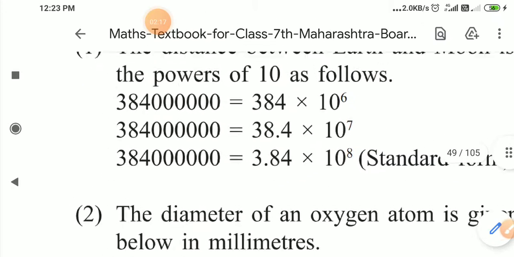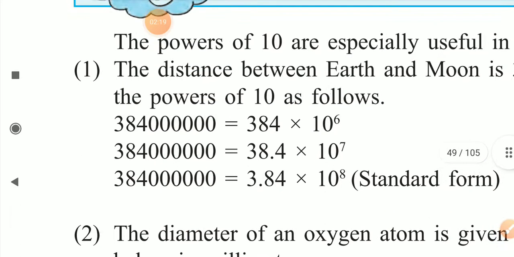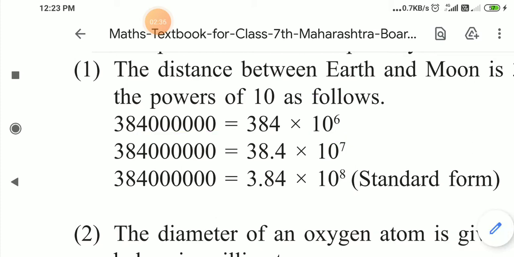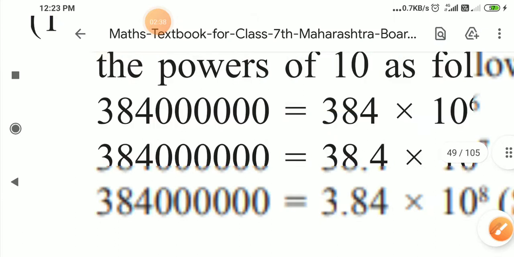How can we write 38 crore and 40 lakh? We can write it in this way. If we take the whole number as 384 followed by zeros, how many zeros are there? 1, 2, 3, 4, 5, 6. So write 10 to the power of 6. If we put the decimal point after the 4, that is a decimal fraction.